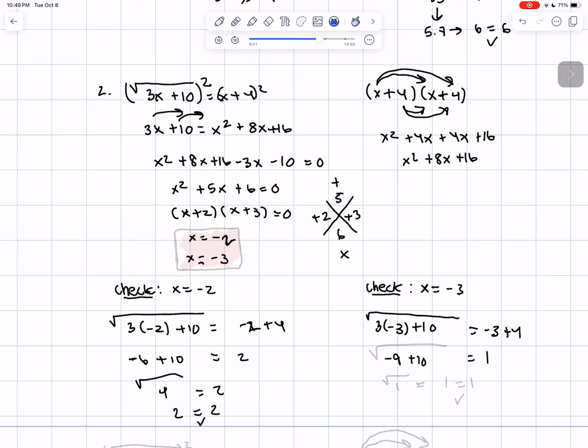So negative 9 plus 10 is 1. And the square root of 1 is going to be just 1. So we know that 1 is equal to 1. So both of these solutions will work. So that is our answer.